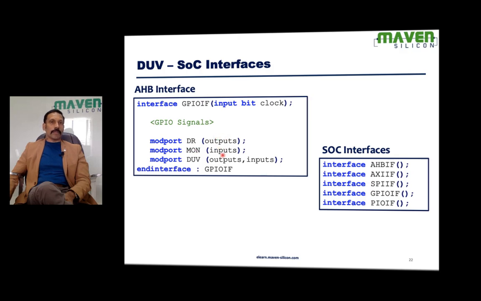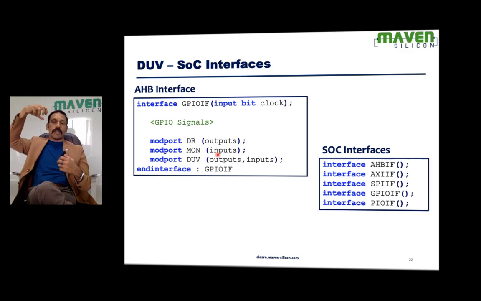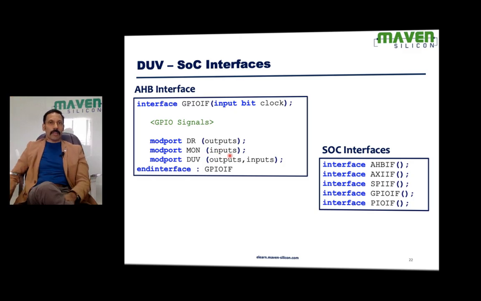For the monitor, we define all the signals as inputs, because while the stimulus is being driven, the monitor collects the values and then generates a packet. So for the monitor, all the signal directions would be input. But for the DUV, we want to use the signals as both inputs and outputs. So we classify the signals.